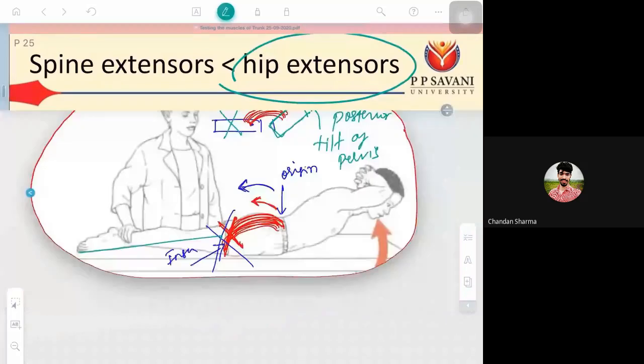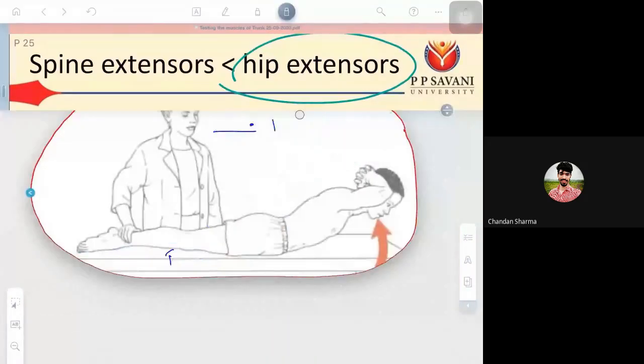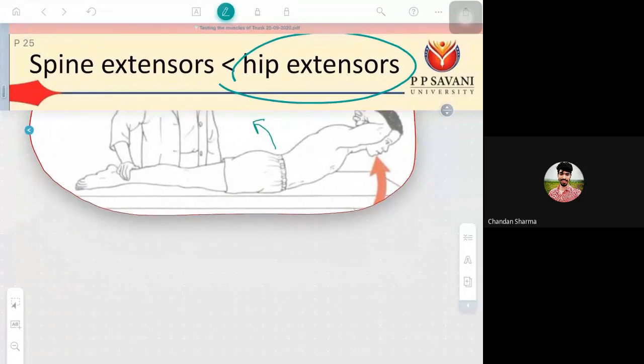So this is the first point. Now I am removing this. First point, you know that pelvis is tilting posteriorly. Second point is, you know the lumbar lordosis. What is lumbar lordosis? Lumbar lordosis is like this. The patient will have normal lumbar lordosis when he is lying flat.